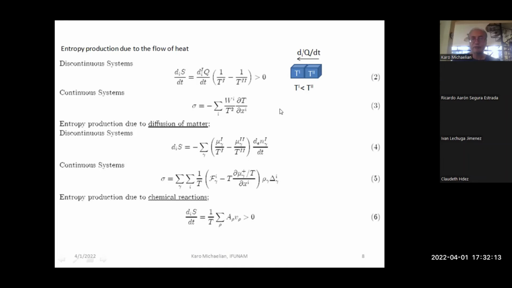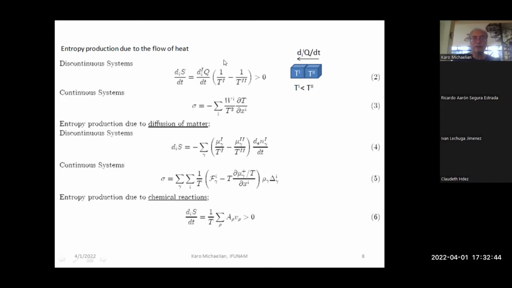This is the entropy production for the continuous system. And J here is the flow of heat. And it has a superscript i, which corresponds to the three coordinate variables of the system, so x, y, and z. So we have a volume in three-dimensional space. And so this corresponds to the flow of heat in the x, the y, and the z directions. And this is the derivative or the gradient of the temperature in those three directions, over T squared, okay?